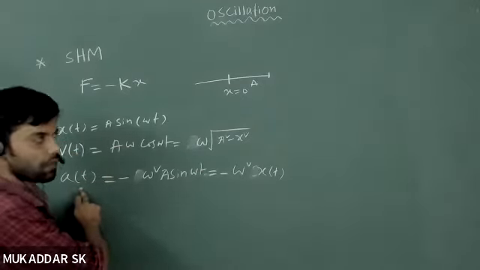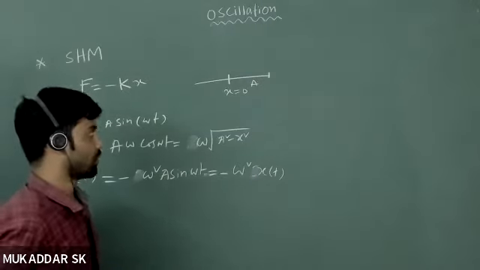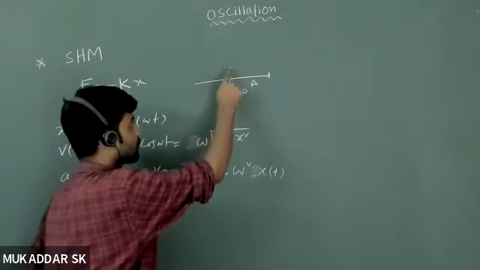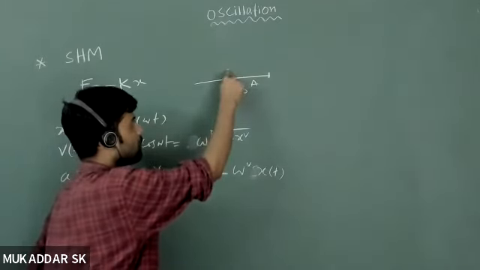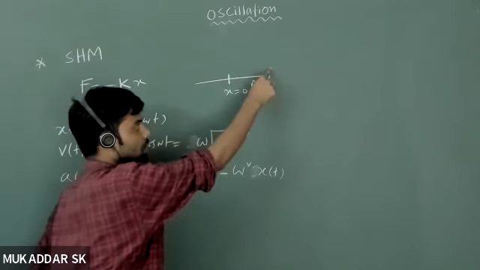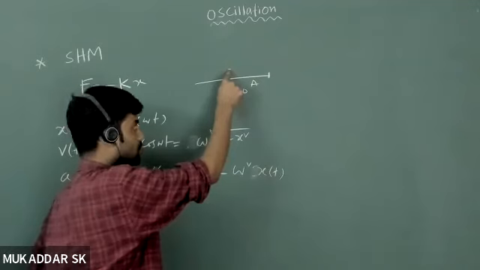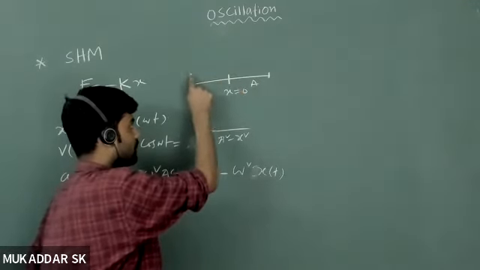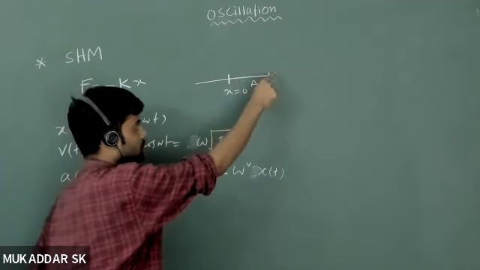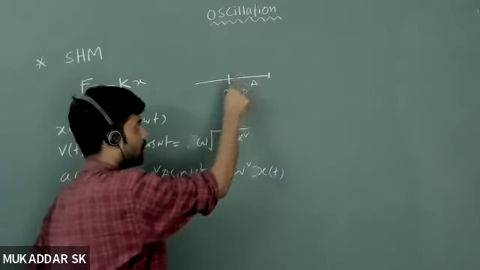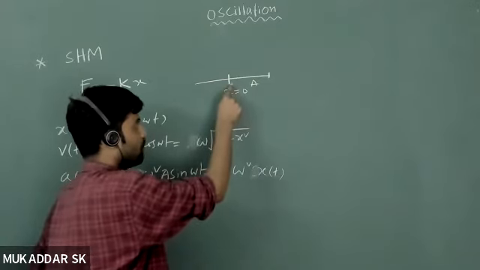I'll plot it. So let us first define what the time period actually is. Time period means one complete oscillation. Let us assume that your oscillator is at x equals 0. It will go to the extreme position, then come to the mean position, go to the negative extreme position, and come back to the mean position.